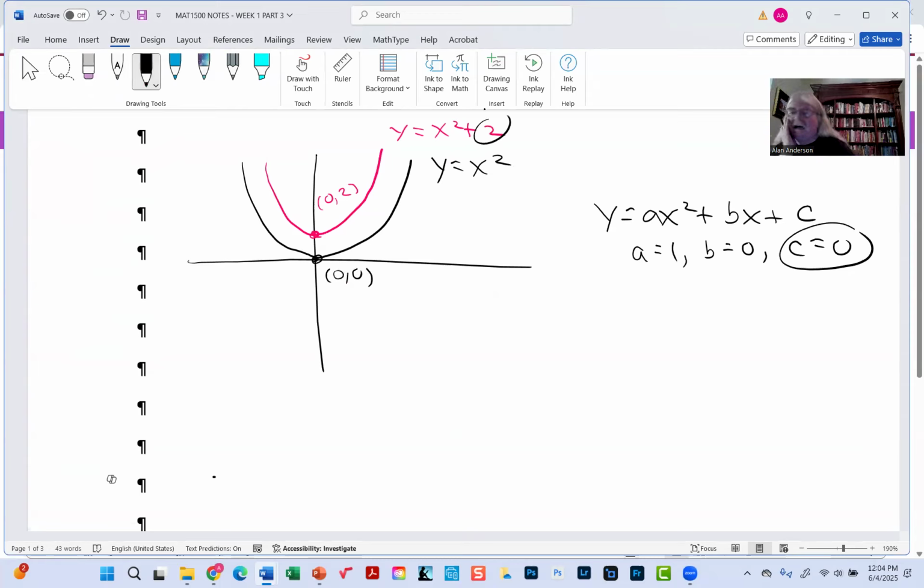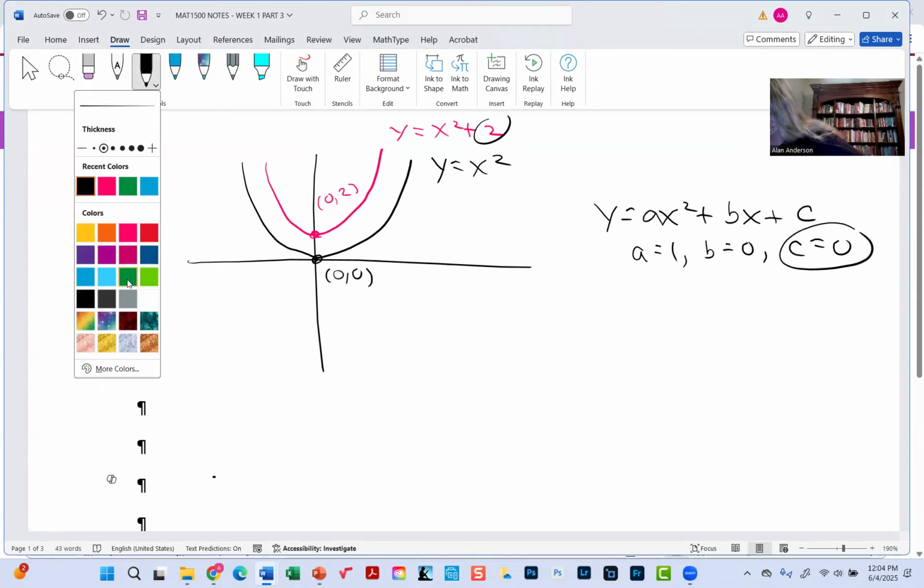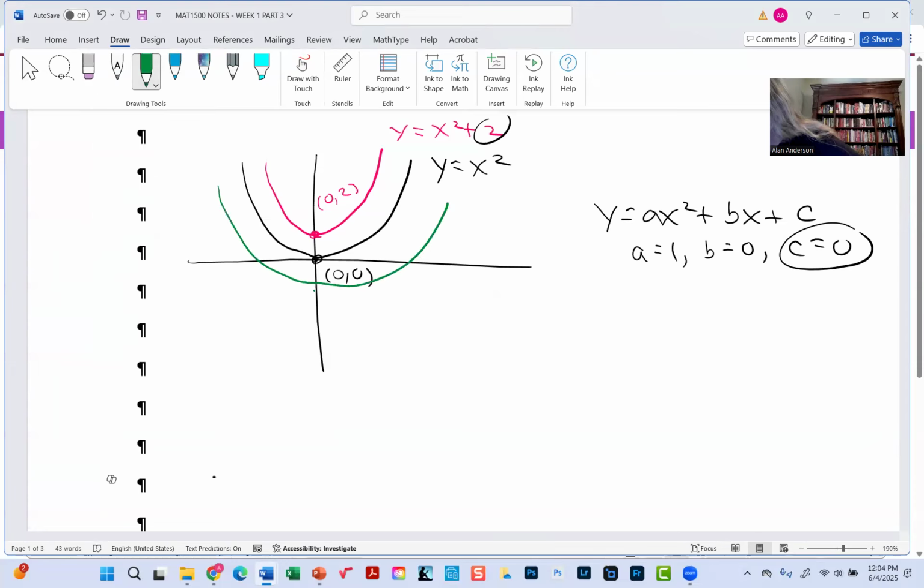By adding that constant at the end here, it shifts the curve up by 2 units. And so the intercept is 2. So you can imagine if I shifted it down, it would look something like this. Let's go with green this time.